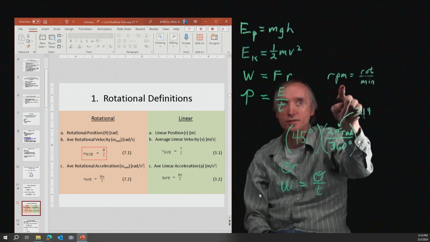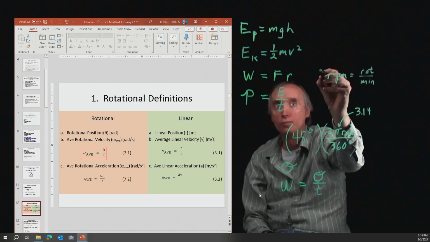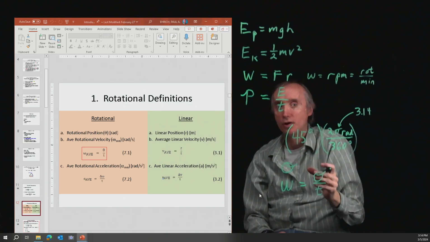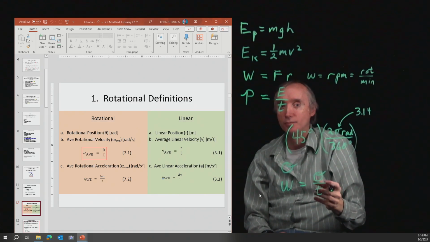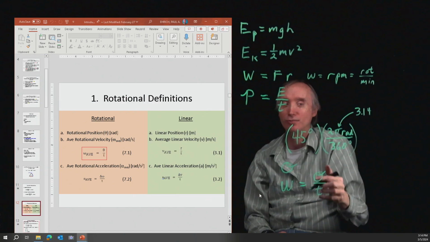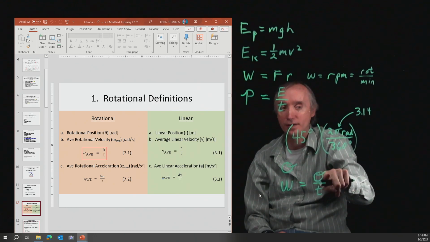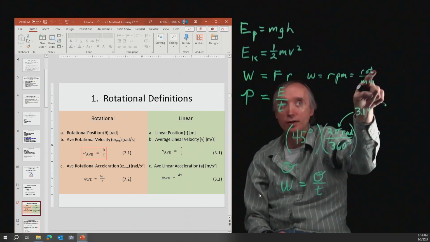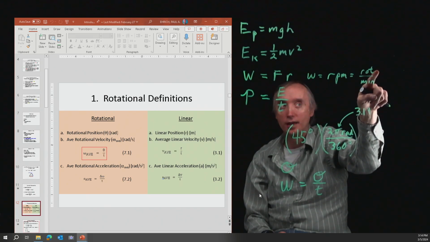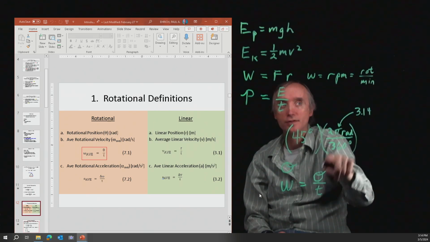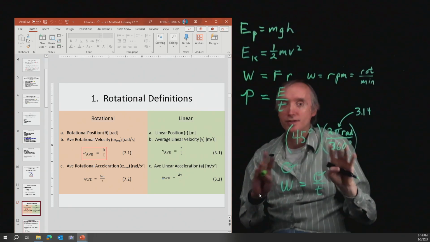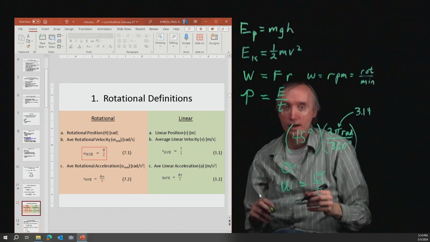This is the unit for omega that I would like for you to be able to use on the test. In actuality, you should be using radians instead of rotations, and seconds instead of minutes, but let's not worry about that.